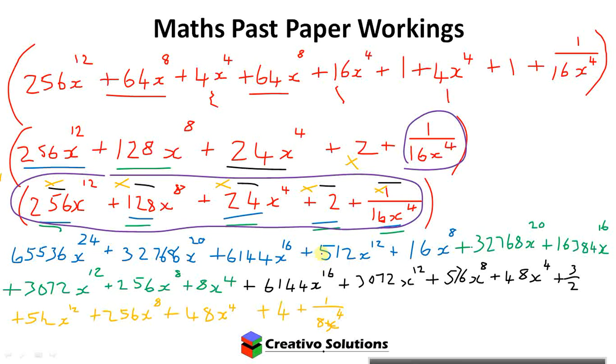Okay, so 256 divided by 16 is 16, x to the 8. 128 divided by 16 is 8, 8x to the 4. 24 divided by 16 is 3 over 2.